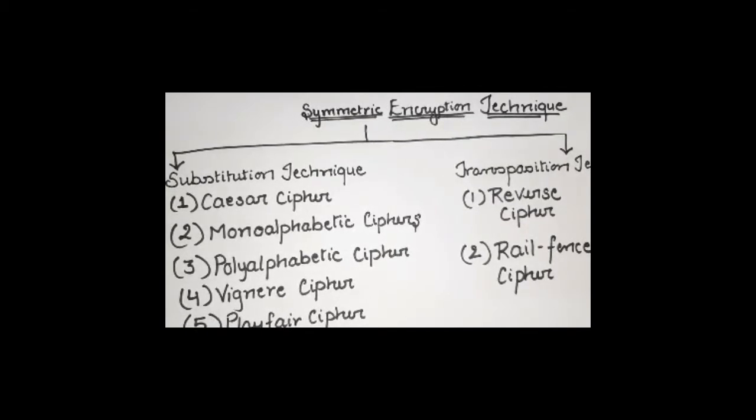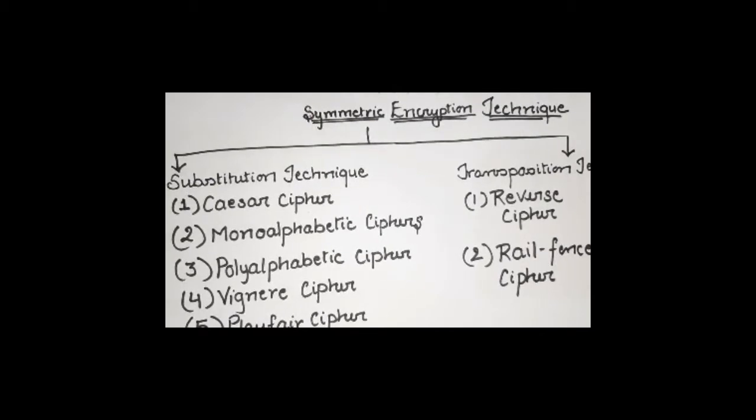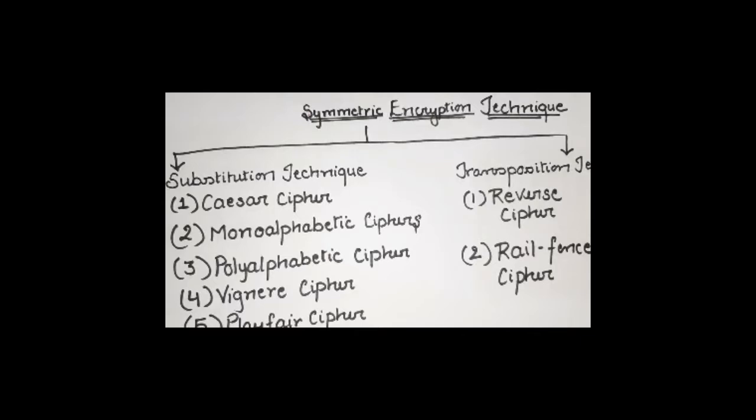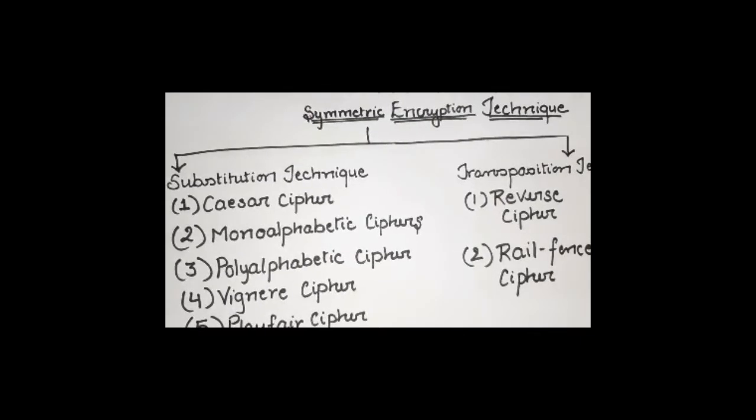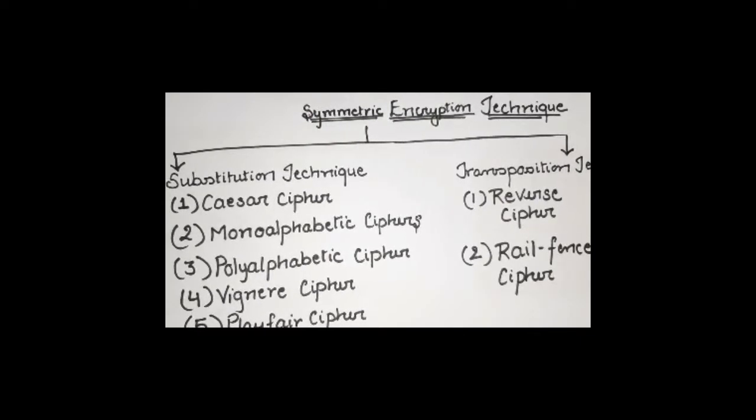Today we are going to start with symmetric encryption techniques. We've already discussed what symmetric encryption is in earlier videos, wherein we talked about symmetric encryption as well as asymmetric encryption, and the difference between the two. We got to know that symmetric encryption is also called conventional encryption.